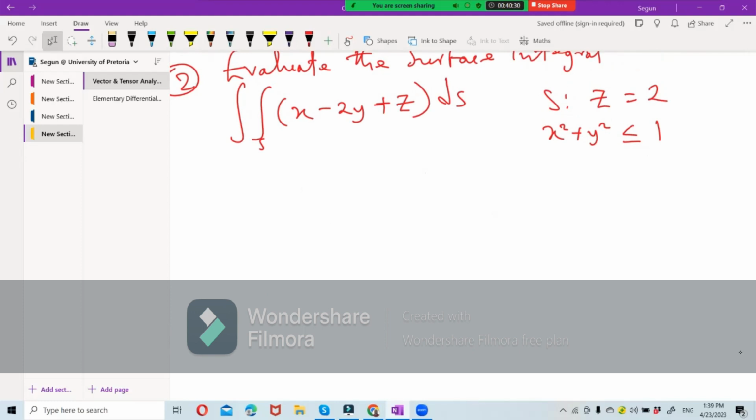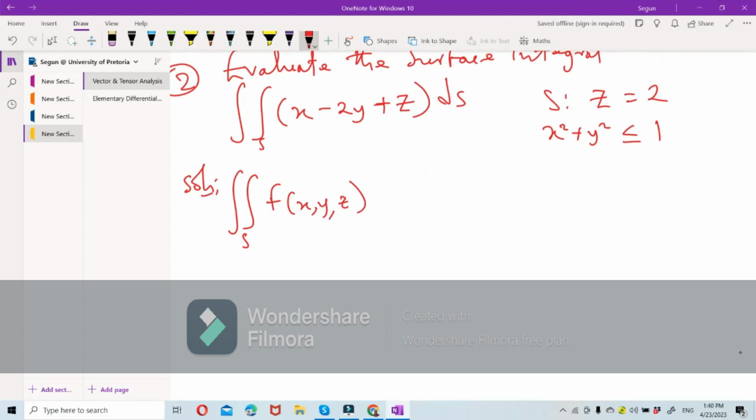Let's look at this formula first. I will write all the formula in one piece. The formula says the integral of the surface is f of x, y, z. You will be the one to choose the one you like.